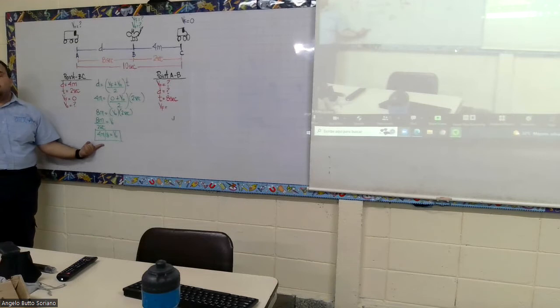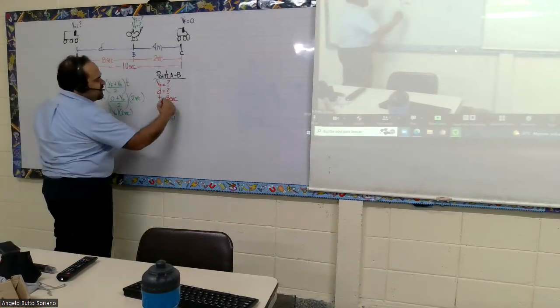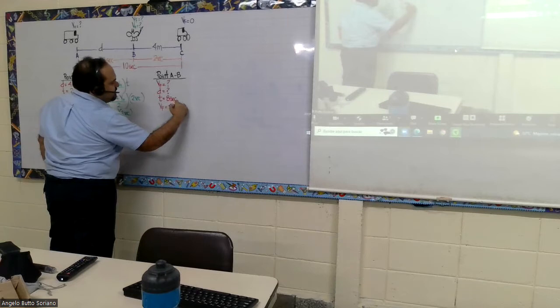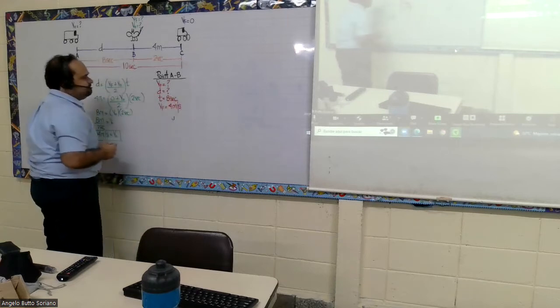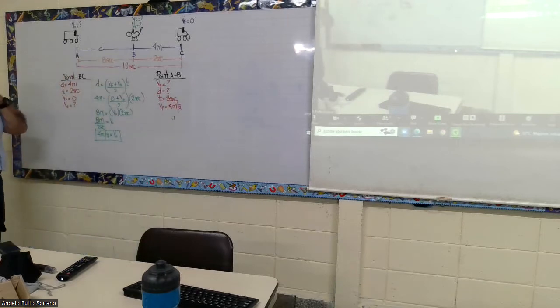That's why I'm telling you that 4 meters per second is the breakpoint, because this value from the point BC is useful for the point AB. That will be 4 meters per second. Okay, we have the period of time, we have the final velocity. We don't know the initial velocity, and we don't know the distance.